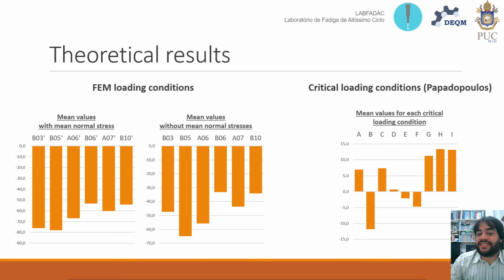The bar graphs indicate an average value of the obtained error indices for each one of the loading conditions. The considered criteria were Matake, Findley, McDiarmid, Carpentier and Spagnoli, modified Carpentier and Spagnoli, Liu and Mahadevan, Papadopoulos, and Susmel and Lazzarin.